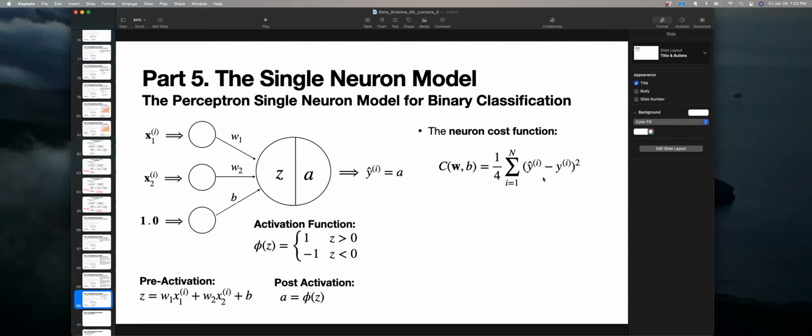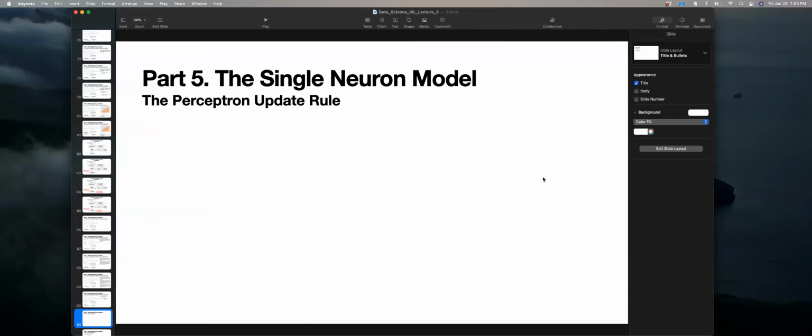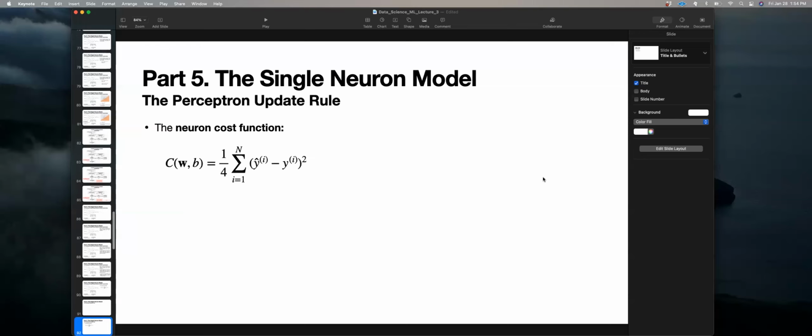But I have to warn you that this is not what you will typically see in the literature, and there are many other types of cost functions or loss functions that you can apply to this Perceptron model. Now that we have a cost function, we can talk about how to iterate a process to slowly have the weights get better and the bias get better. So again, there's our cost function.